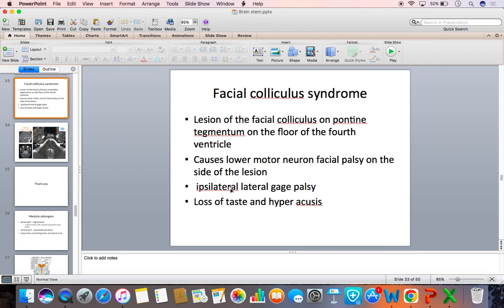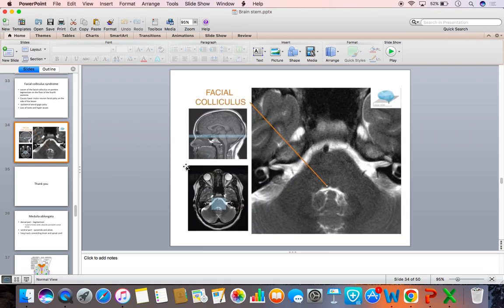This is another one. Where is the facial colliculus? This is the location. This is the facial colliculus, located just ventral to the fourth ventricle, in the floor of the fourth ventricle.